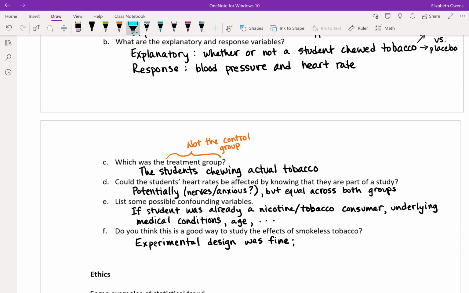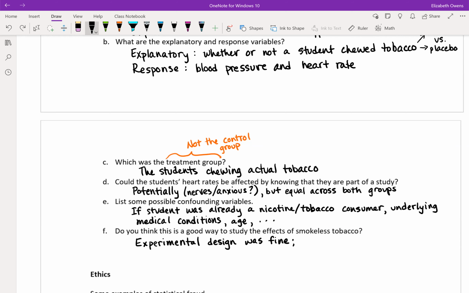Now, how this question is phrased, it just says, is this a good way to study the effects of smokeless tobacco? That sounds really general, the way that that's put. Like, study the effects of smokeless tobacco on anyone and everyone, which is not really what we're doing in this particular study.